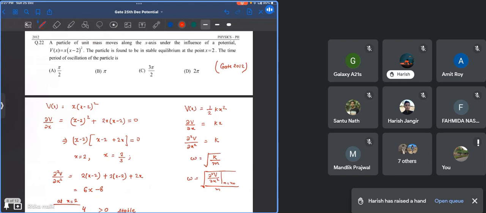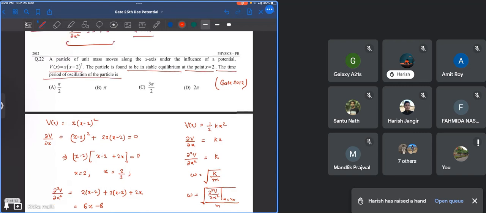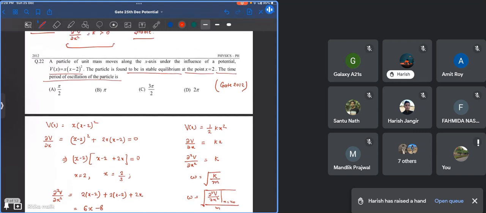And this was from GATE 2012. A particle of unit mass moves along the x-axis under the influence of a potential given by this formula. The particle is found to be in stable equilibrium at x equals 2. Find the time period of oscillation of the particle. This point I haven't covered, but if you have a stable equilibrium point, you know that the particle is going to oscillate between these two regions.